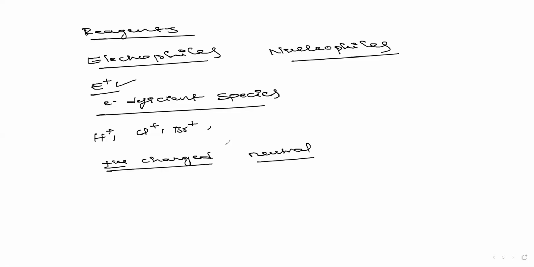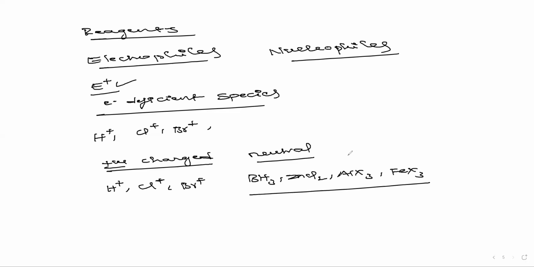Positive charge means all the positive ions come under this. Neutral ones, for example BH3, ZnCl2, AlX3 and FeX3, all come under neutral electrophiles.